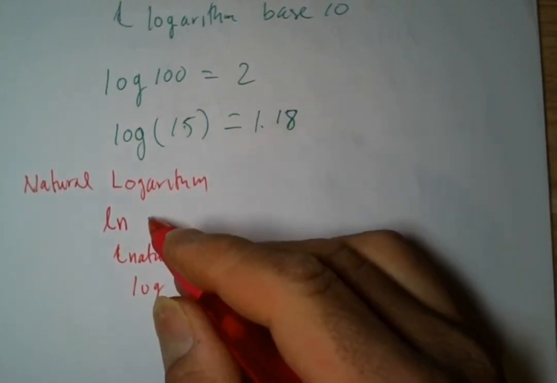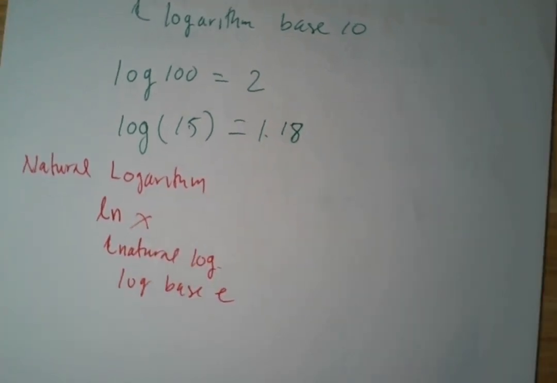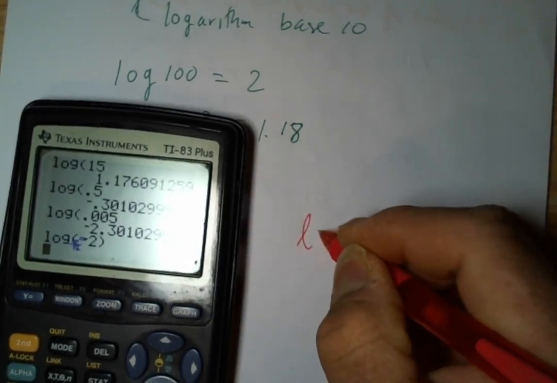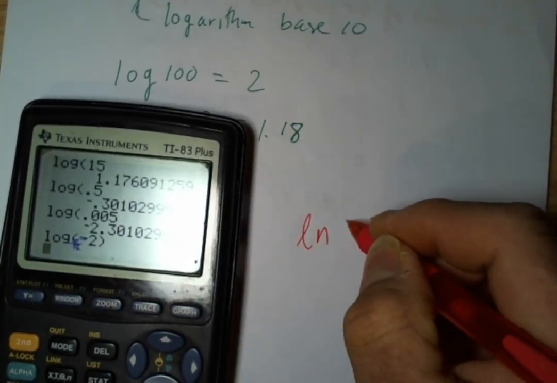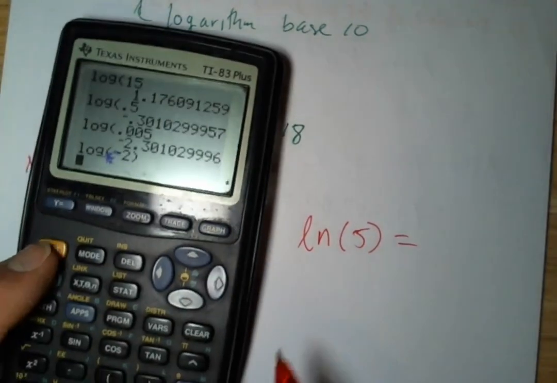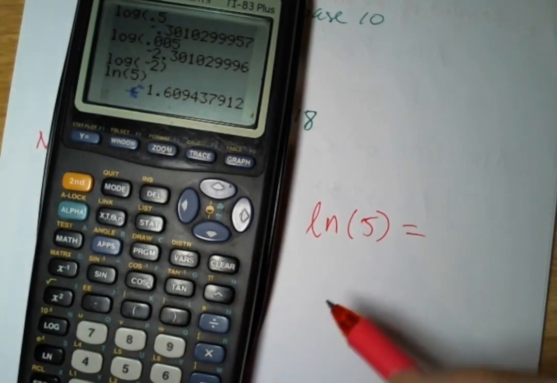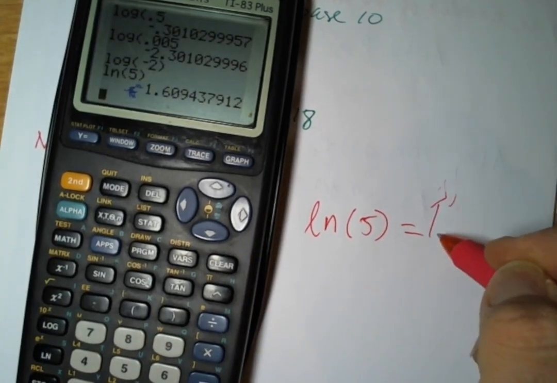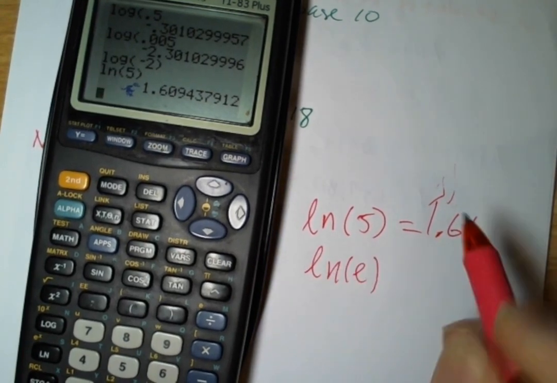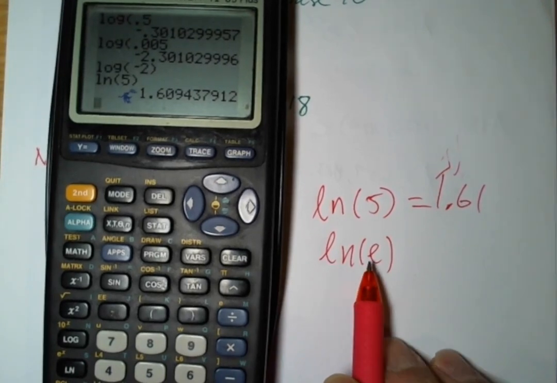So that's equivalent to log base e of x. And to evaluate this, the technique is the same. Using a calculator, we want to take the natural log of a value, let's say 5. The natural log is right here, natural log 5, and we get 1.61.